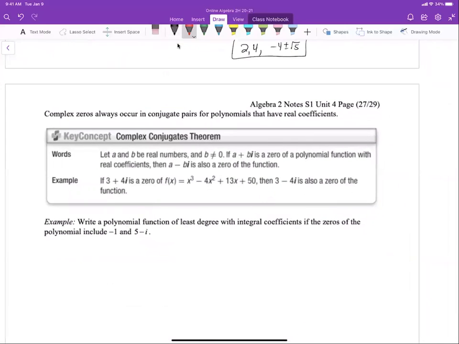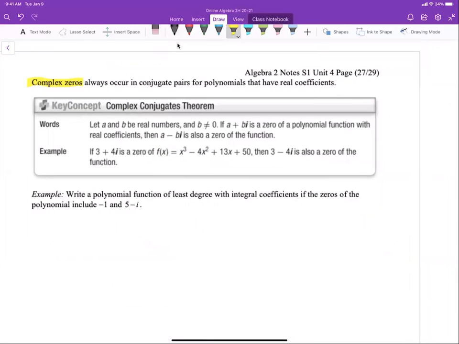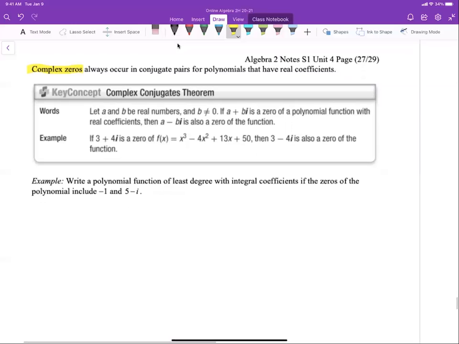Complex zeros always occur in conjugate pairs for polynomials that have real coefficients. I'm not sure if you've realized that or seen the pattern. So let's look at the complex conjugate theorem. Let a and b be real numbers, and b is not equal to 0.